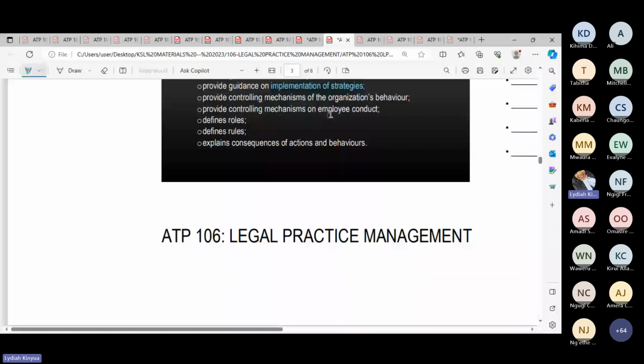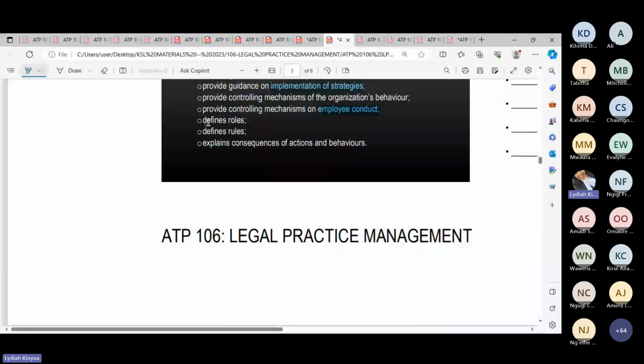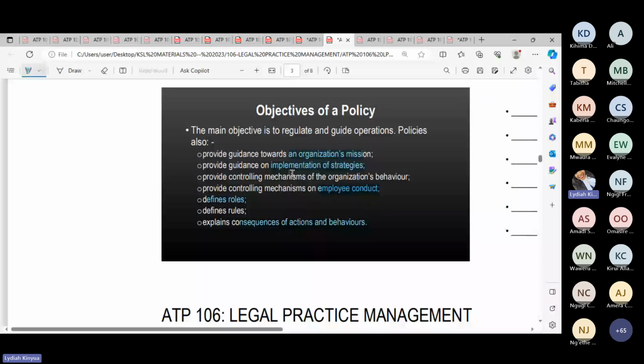If we have a workplace culture policy saying you cannot come here at 9 o'clock, then if you come at 9 o'clock, don't come. Equally, it defines rules, defines roles, and explains consequences of breach of behavior. These are the general objectives of any policy. So if you have to tell us the objectives of a sexual harassment policy, your points will be in that regard.